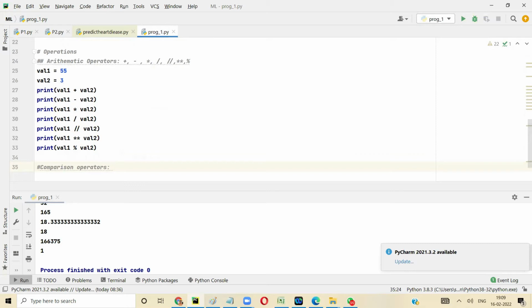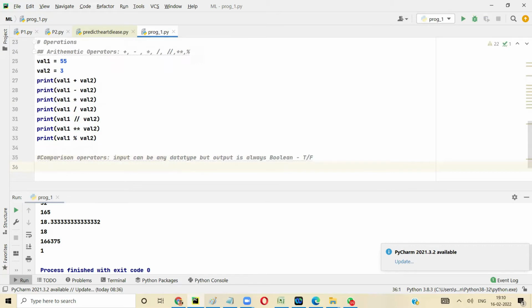Any data type. But output is always Boolean, true or false.